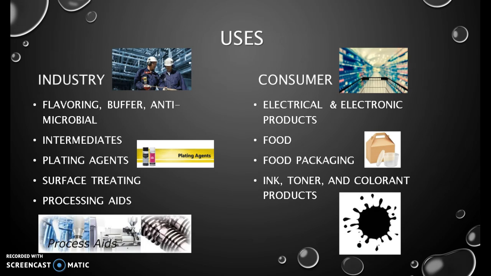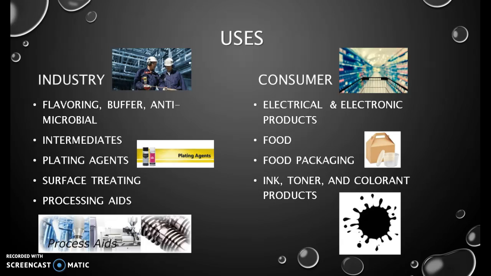Malic acid is used in industries for flavoring, buffering, antimicrobials, intermediates, plating agents, surface treating, processing aids, and consumers like you and I use it in electrical and electronic products.